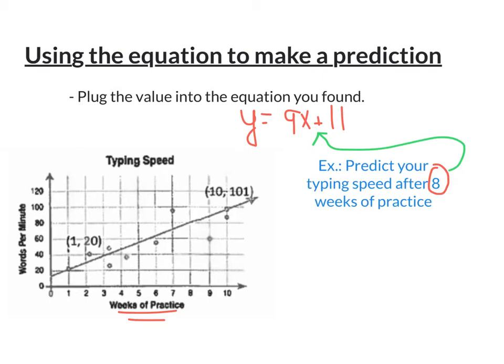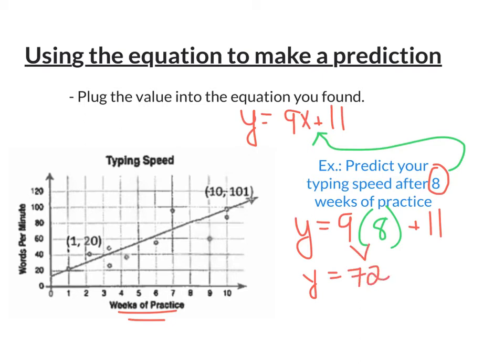So my equation is going to be y equals 9 times 8 weeks of practice plus 11, which makes sense because each week you practice, you type 9 words more. So if you type for 8 weeks, you're going to gain 72 words per minute, plus the 11 you would have had if you didn't practice at all.